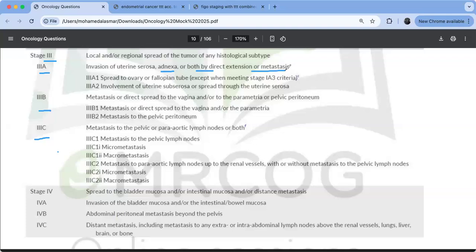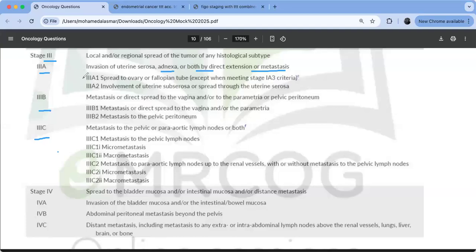I remember one of the recall questions said that the tumor was involving the serosa. So once we said that, we are in 3A, right?